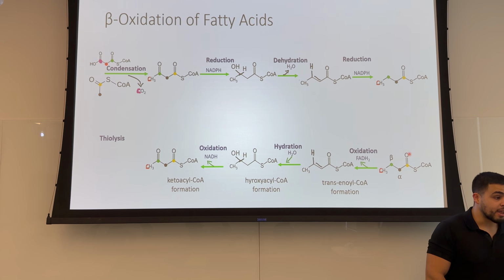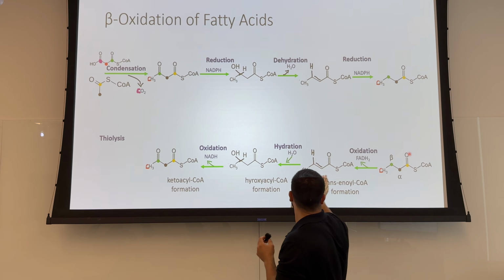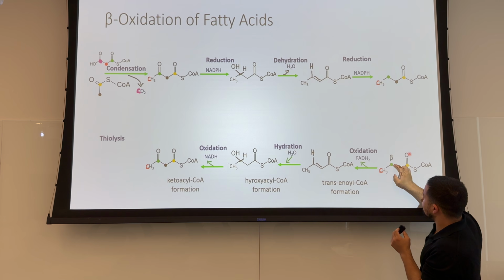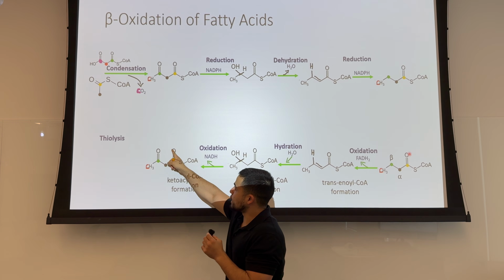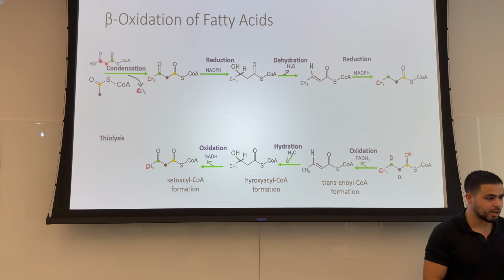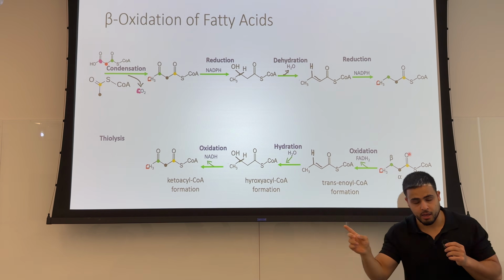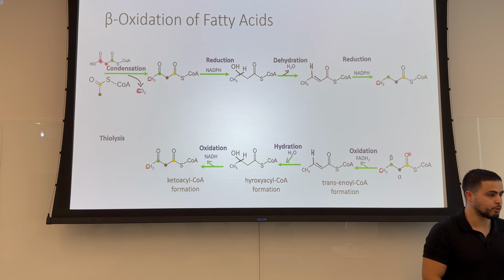Okay, now the last step is going to be to break this bond. So we have the bond between the alpha and beta carbons right here. We're going to break this bond in order to release an acetyl-CoA molecule. And again, that can also participate in the Krebs cycle and generate more ATP for you.